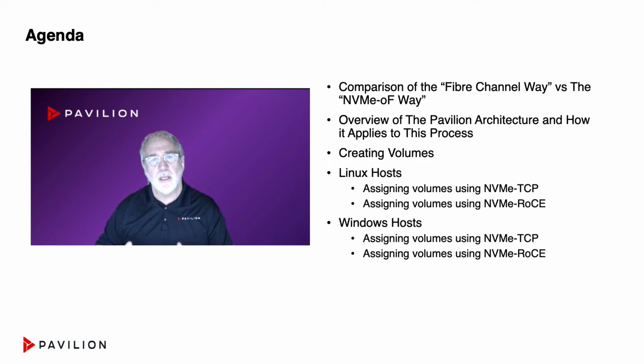Then we're going to focus on Linux hosts, assigning those volumes to a Linux host leveraging NVMe-TCP protocol. Do that same thing leveraging the NVMe-over-Fabric RoCE protocol, or the RDMA protocol. We'll then switch gears and go into Windows and assign a Windows host using NVMe-TCP, and then do that same thing doing NVMe-over-Fabric RoCE.